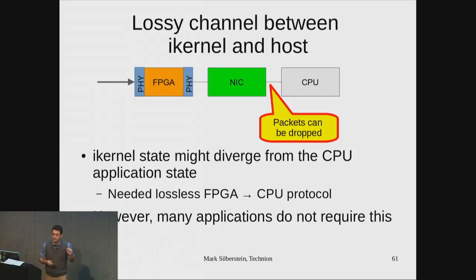But it turns out that, if you think hard, you can still work around it for most applications that we were interested in at the first stage. But it is very clear that we need to implement proper flow control between the iNIC itself and the side of the application, because otherwise some applications will just not work.